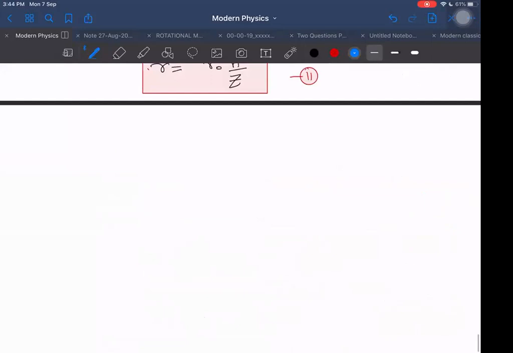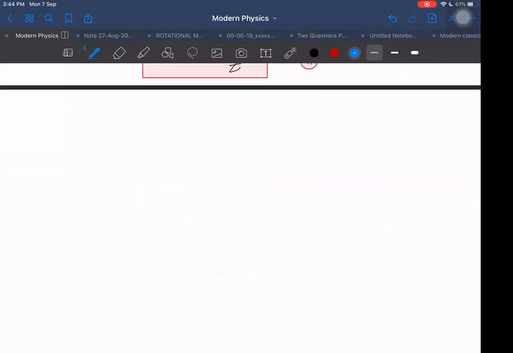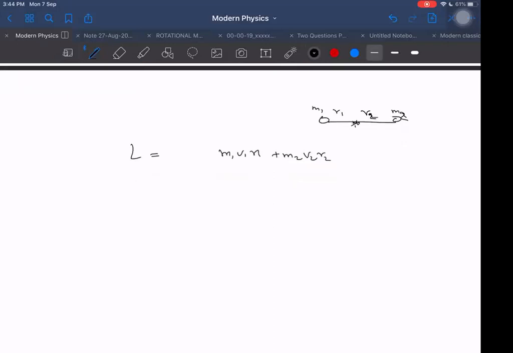So if I have the angular momentum of a two particle system having mass m1, radius r1, and r2, m2, a binary star system rotating about the center of mass, then what will the angular momentum be? It is written as m1 v1 r1 plus m2 v2 r2. Is it right?